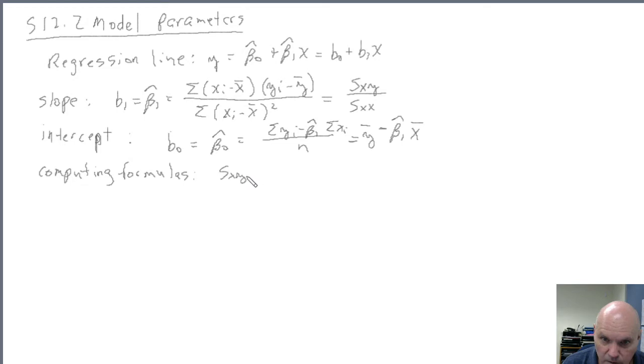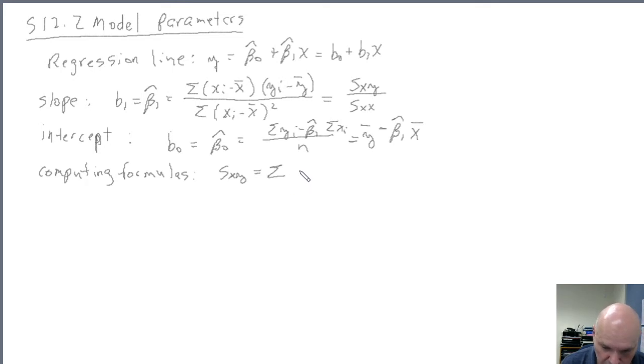An alternate formula for calculating Sxy: to calculate it the first way, you'd have to first calculate the mean value, then go back and subtract the mean x value from each xi, do the same for yi, and then take that cross product. It doesn't take too much longer, but it usually does take a little bit longer. These formulas are a little bit easier to lay out in a table.